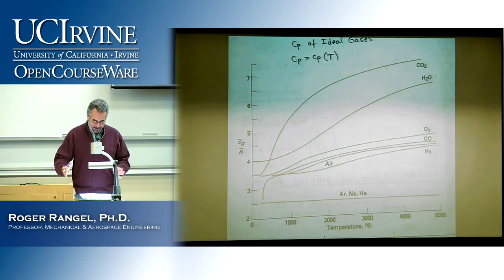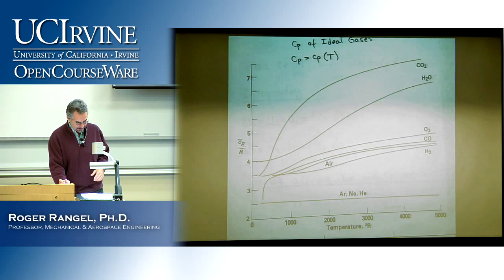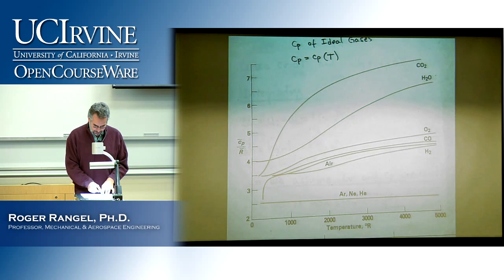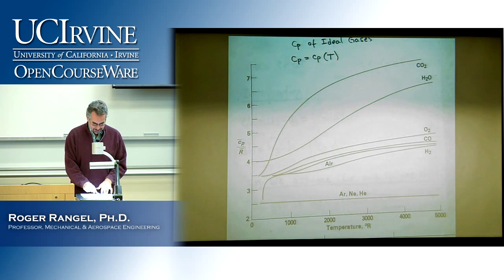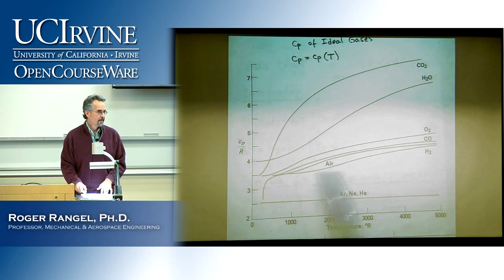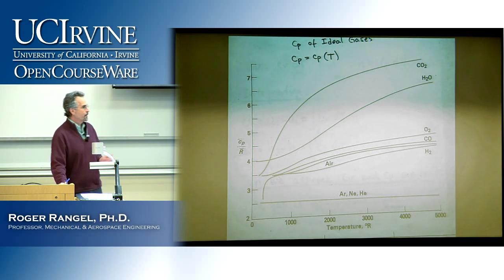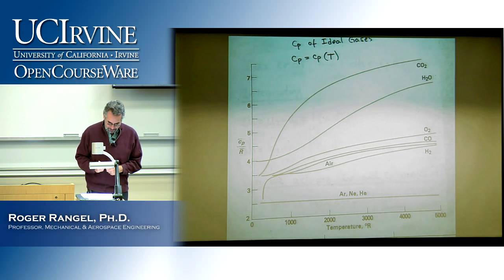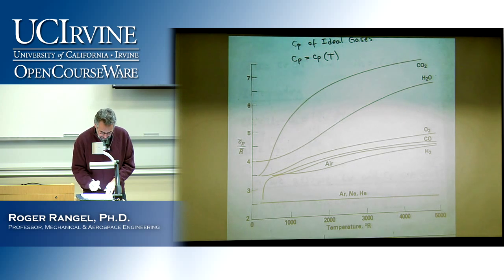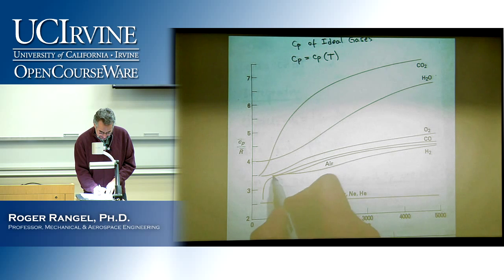If your problem has a very large temperature range, so your delta T is gigantic, say from 1,000 to 5,000, then you can see that the air Cp varies quite a bit between 1,000 and 5,000. But what if your problem is air going from 300 to 500 Kelvin? Then it is somewhere at this end of the curve, where it's almost constant.